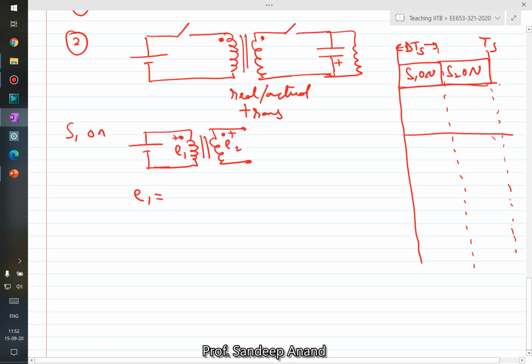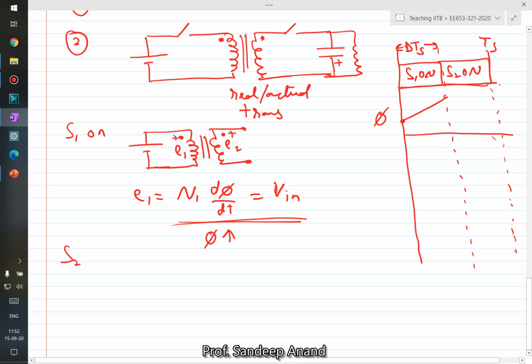E1 is equal to N1 d phi 1 by dt, which is equal to V in, and therefore the flux increases linearly during this period. So I can draw the flux waveform. Let's say it starts from a non-zero value, linearly increases and goes to a certain point.